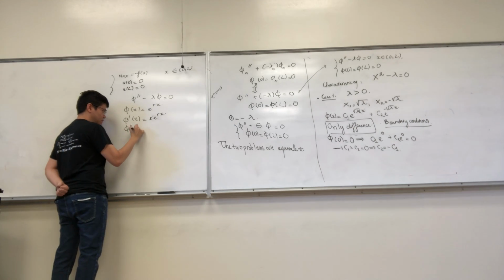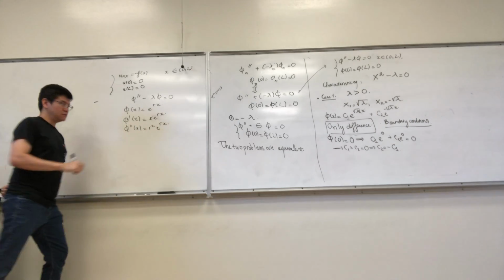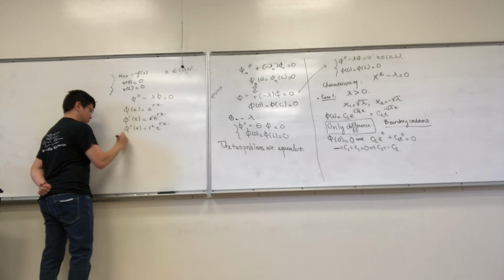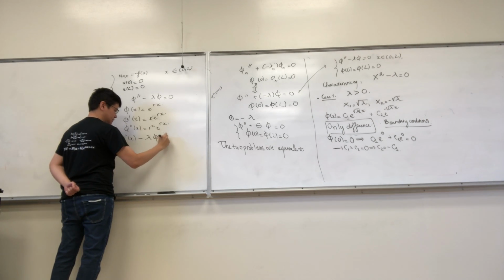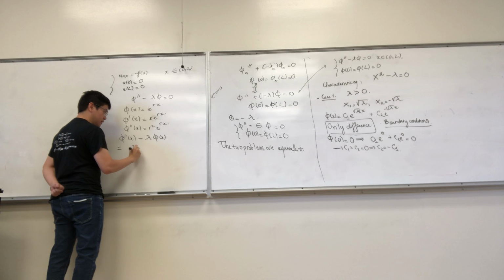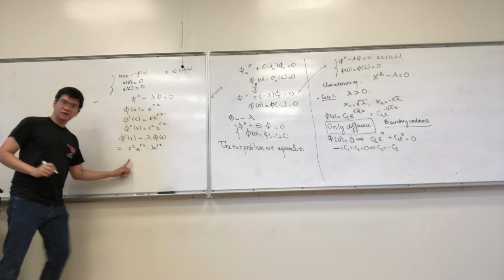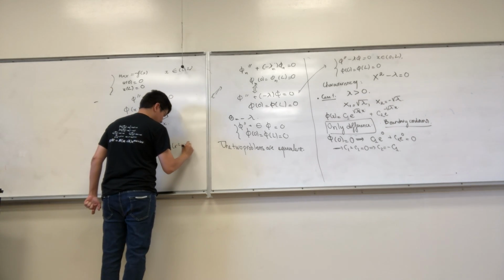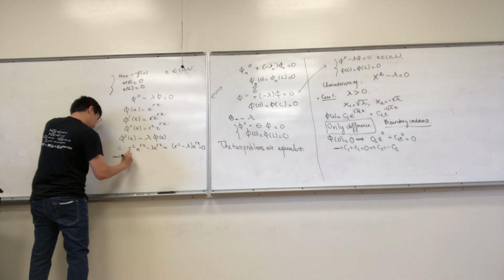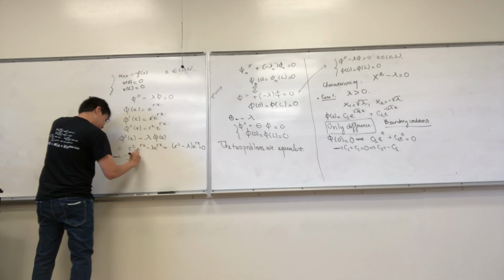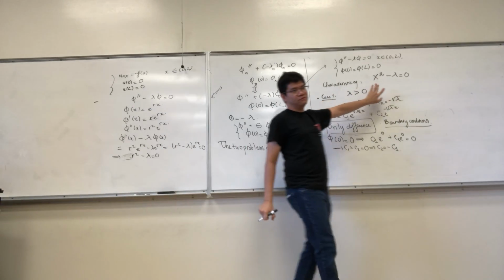The second derivative will give you r squared e to the rx. And then you plug it back. You get phi second x minus lambda phi x is r squared e to the rx minus lambda e to the rx, which is 0, which means that e to the rx times r squared minus lambda is 0, which is the step that we wrote here.